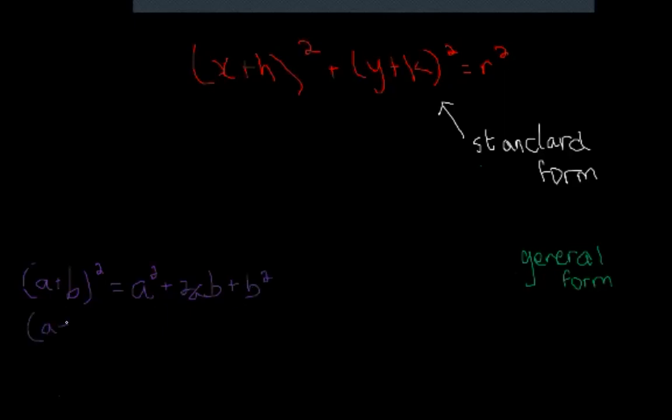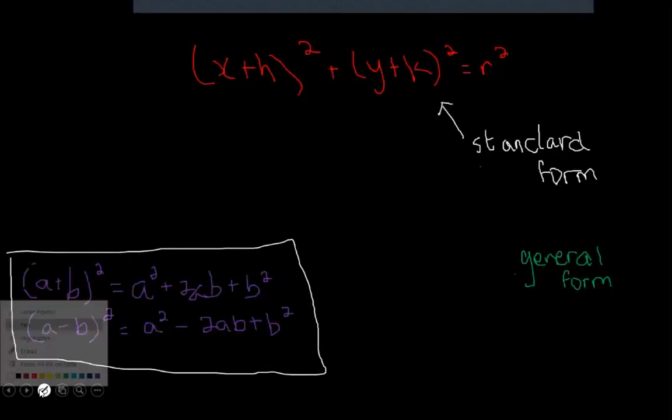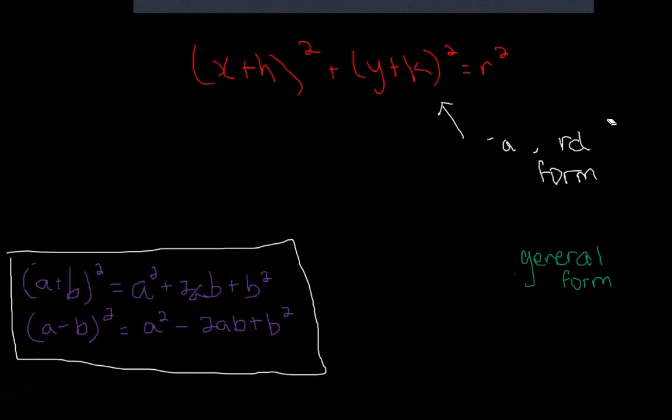And if you ever encounter (a minus b) squared, the formula is a squared minus 2ab plus b squared. So this is just something for you to remember, and you will come across it in almost any math you do, right? So you could just learn that.